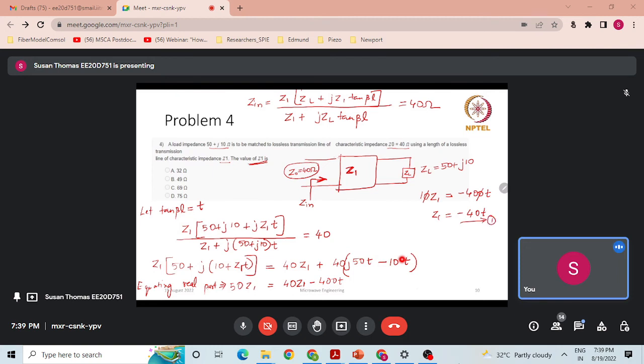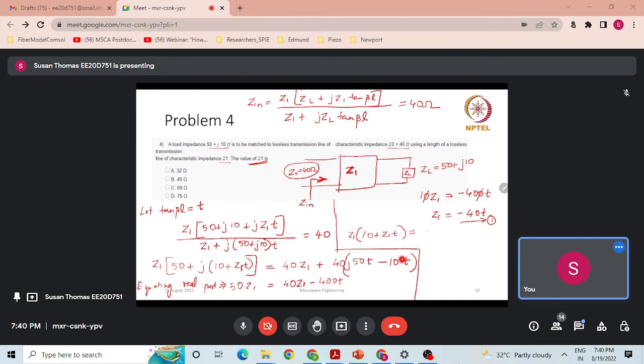Next, if you equate the imaginary part, same way you can try to solve this. So what happens? 10j, so I can just write it like this, 10 plus Z1 T into Z1 is equal to, what is the imaginary part here?